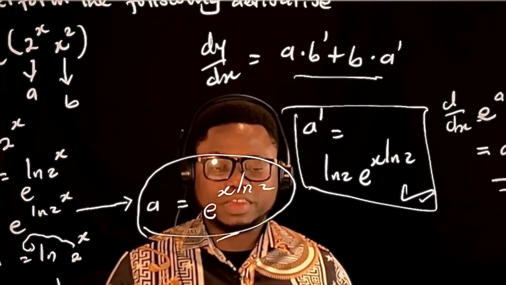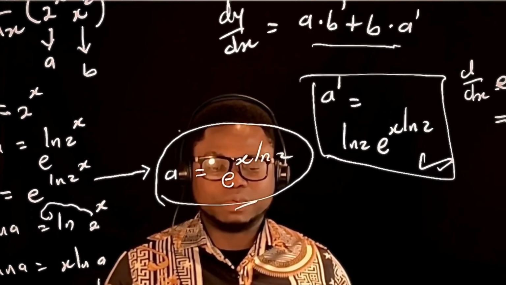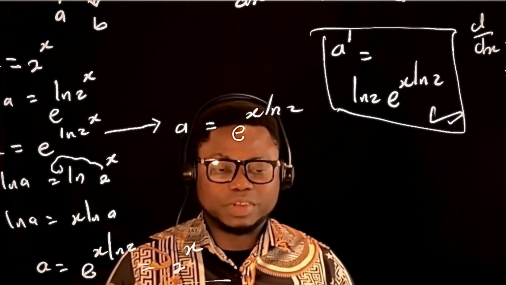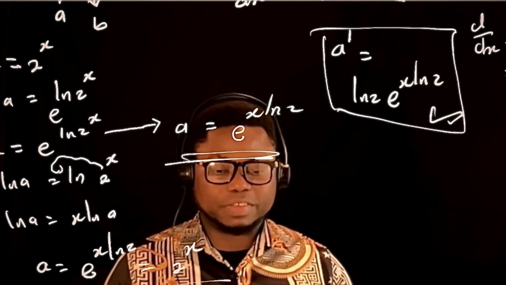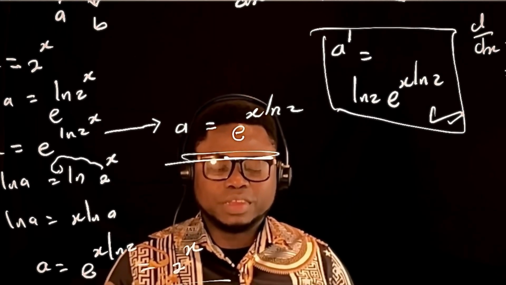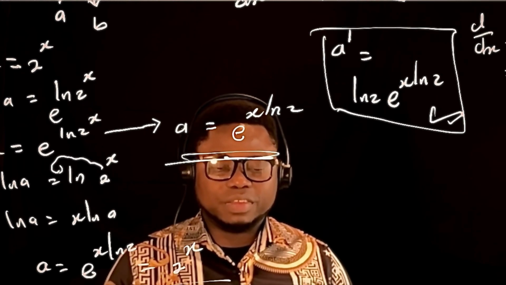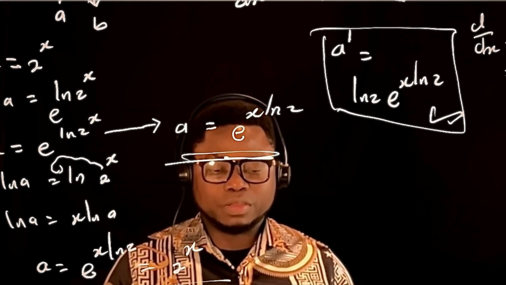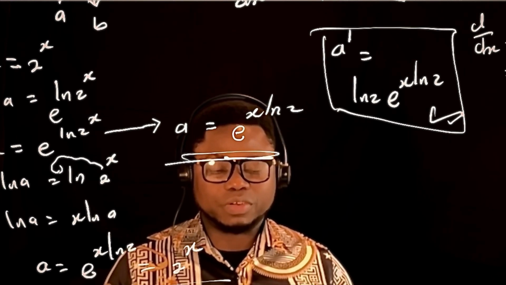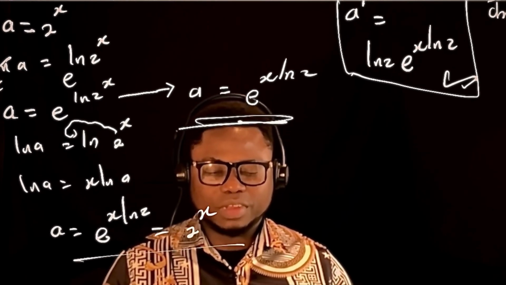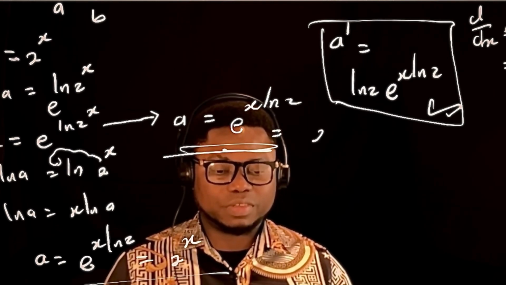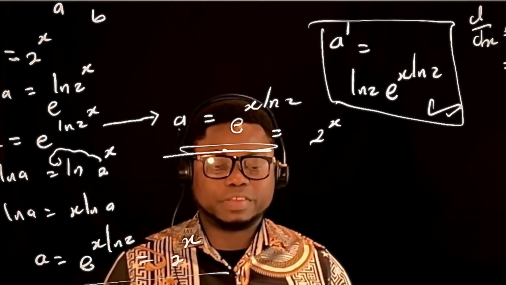So in this case, remember that we got our a, our a is this. So we may decide to take a as equal to e raised to the power of x ln 2. And you know, this is the same thing as 2 raised to the power of x.